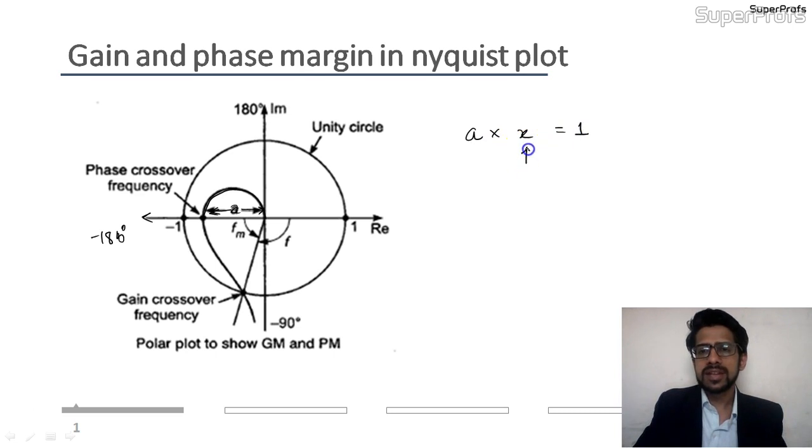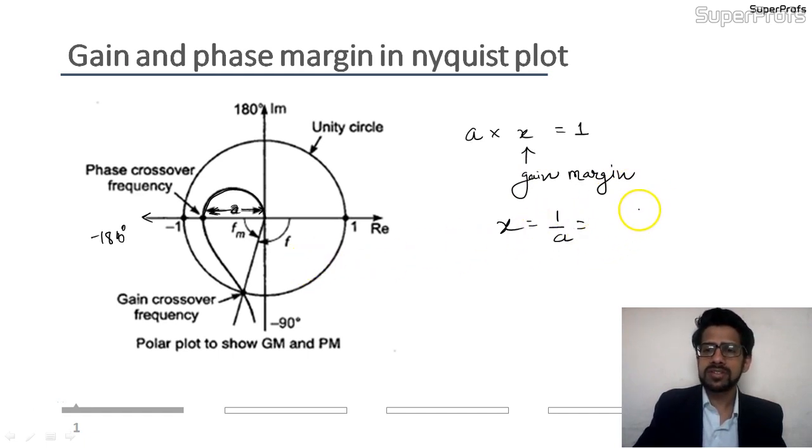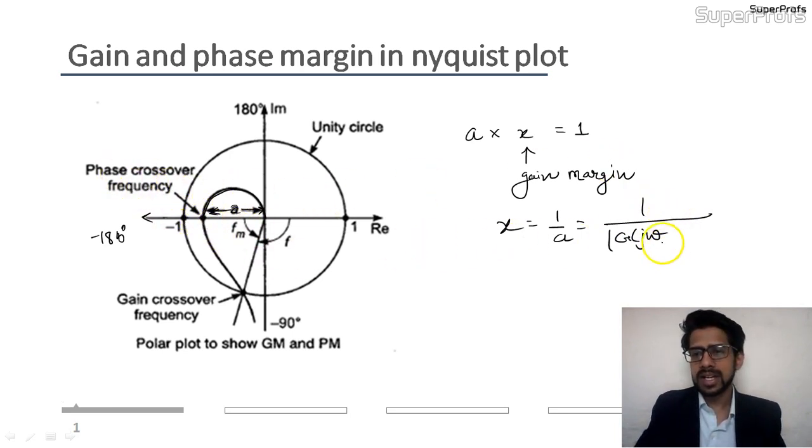This is actually my gain margin. That is why gain margin is given by x is equal to 1 upon a. And this a is nothing but the magnitude of the transfer function g of j omega h of j omega, but this omega is nothing but the phase crossover frequency, and that is why this is omega phi.